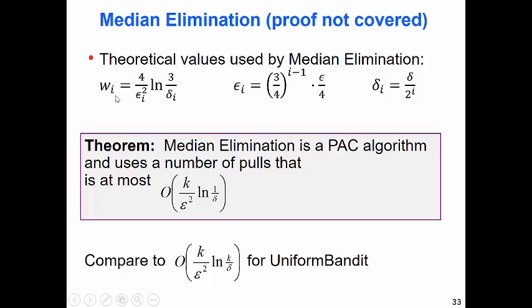So WI is going to be based on EI and epsilon I and delta I, and you can see this is a form that we kind of saw in the original PAC algorithm. And over time, on round I, as I increases, the deltas are going to get smaller and smaller. So you're going to try to get more and more reliability. And here you see they actually get exponentially smaller, which seems bad, but the deltas are inside a log, so it doesn't kill you.